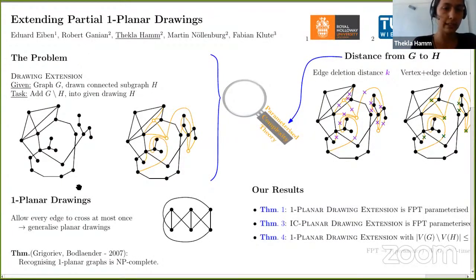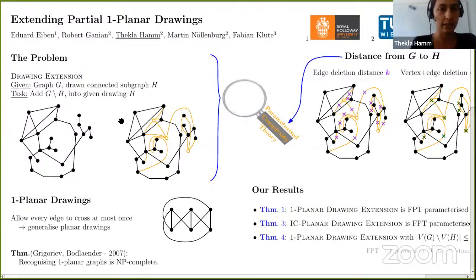The task is to extend the given partial drawing to include all edges and vertices of G. As is usual in graph drawing problems, we are not interested in arbitrary drawings, but drawings that have some desirable properties.